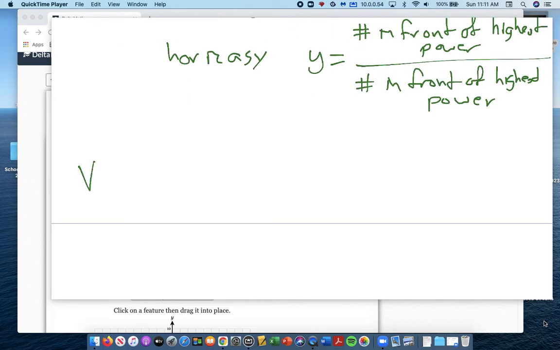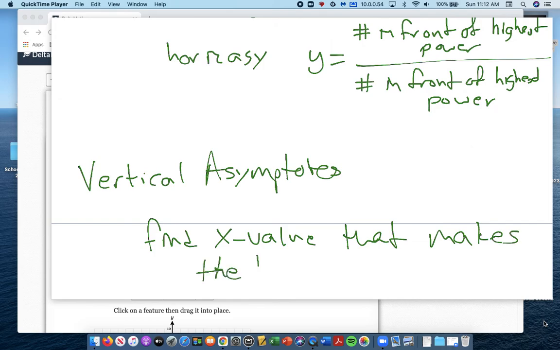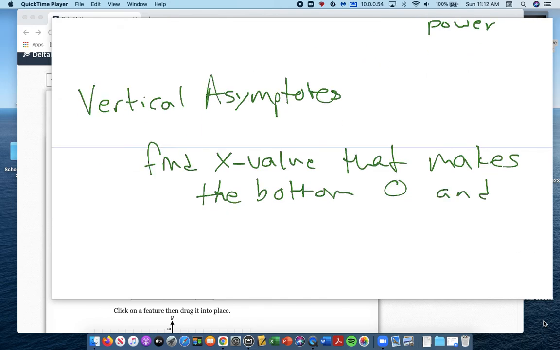Now we're going to deal with vertical asymptotes. In a vertical asymptote, what you want to do is find the x value that makes the bottom 0 and the top not 0.